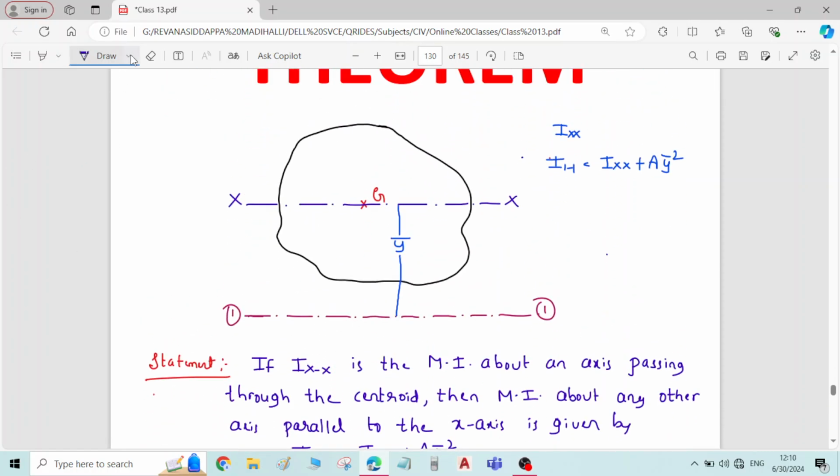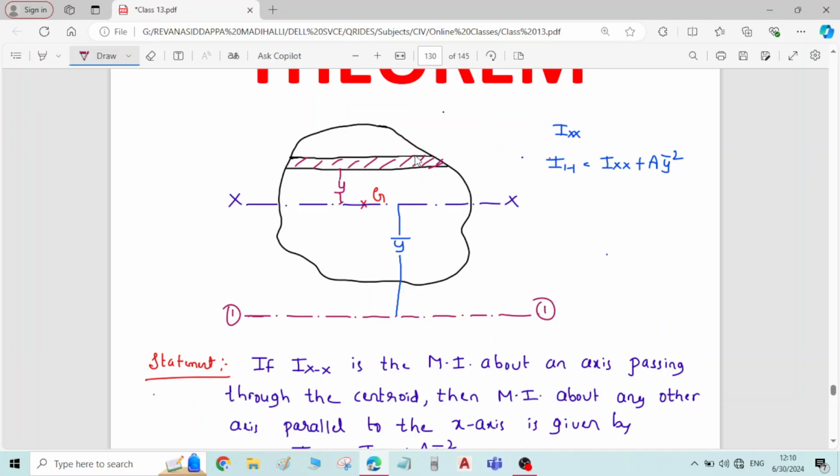For proving the parallel axis theorem, I will consider an elemental strip at a perpendicular distance y from the centroidal axis.